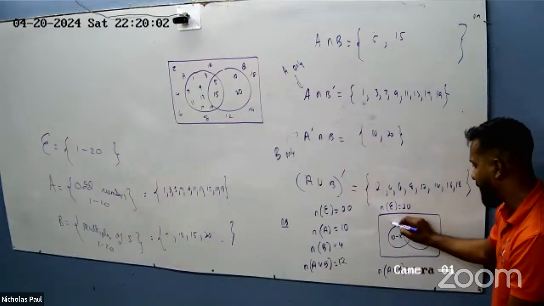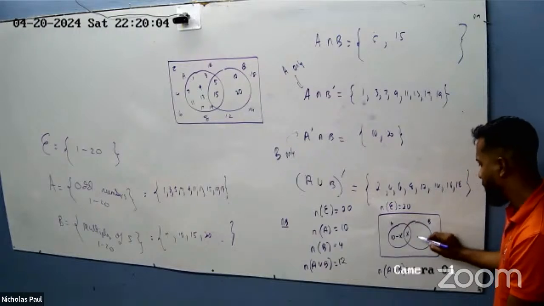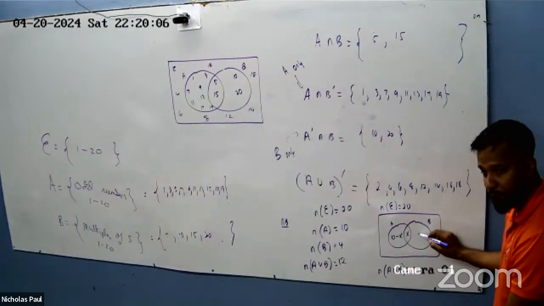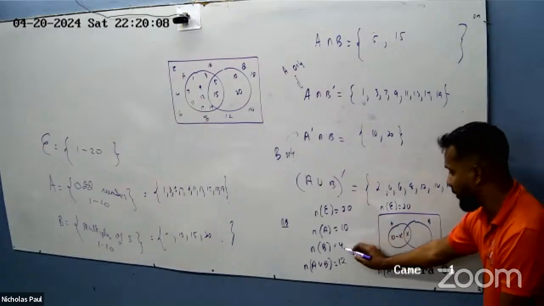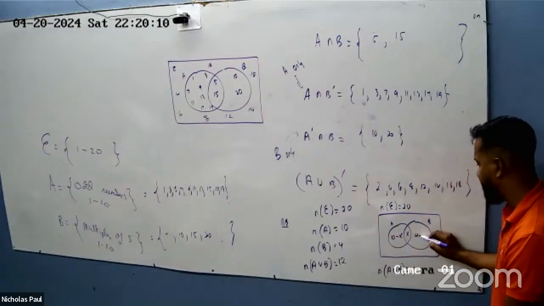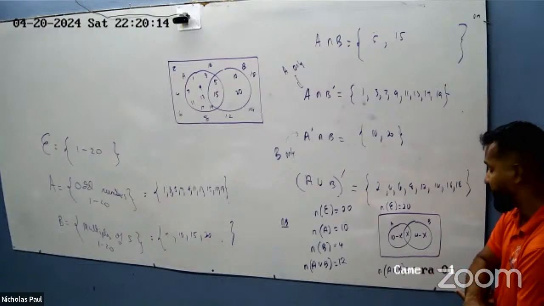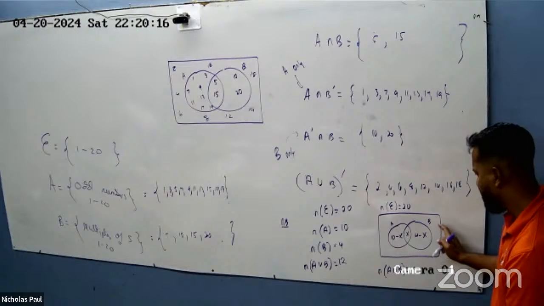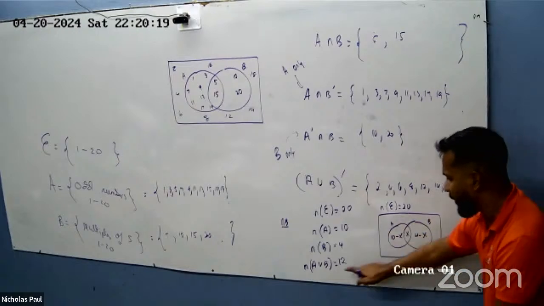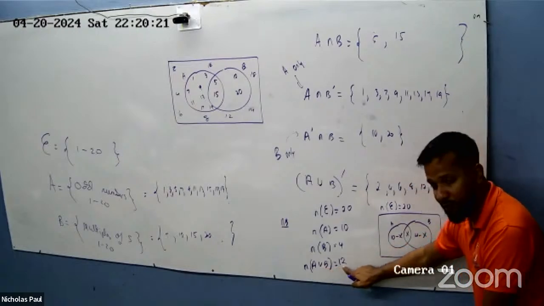Here's A, by the way, and here's B. What will go here? 4 minus x. Now we need a way to find x. By the way, how much is outside here? A union B is 12.